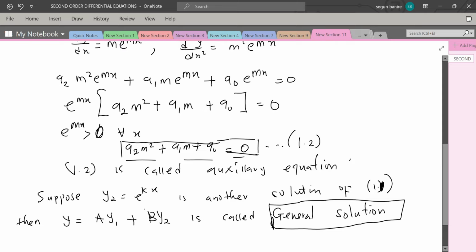This is also called a linear combination, and that solution is called the general solution. When they give you a second order differential equation, they will ask you to get the general solution. You should have two constants and then y1 and y2 that are independent.